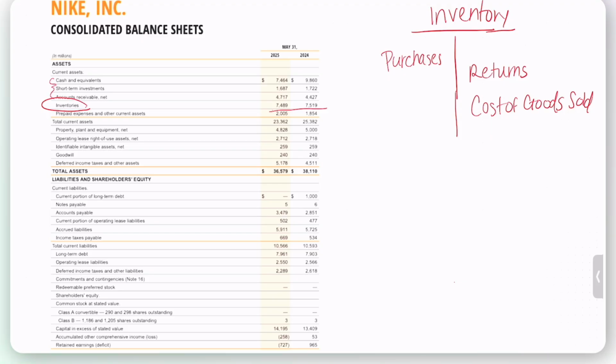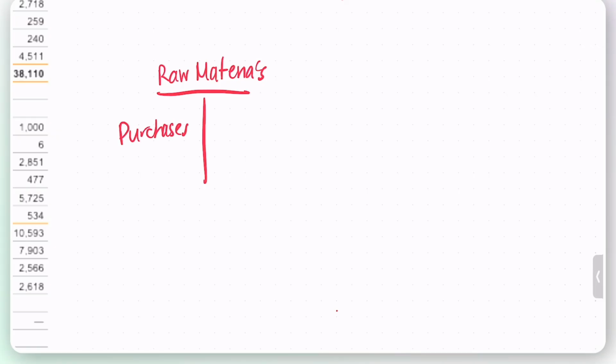Now, if Nike happened to be a manufacturing company, they would have more than one inventory account. And let's look at what that would look like. They might have raw materials, and purchases would increase raw materials. And then as those goods were used up, they would be moved into another type of inventory account, which would be work in process.